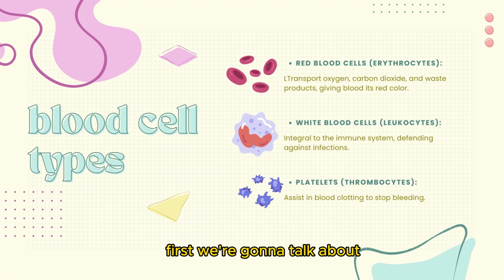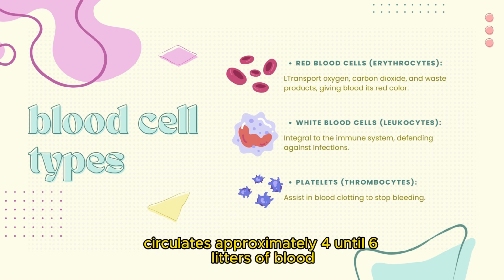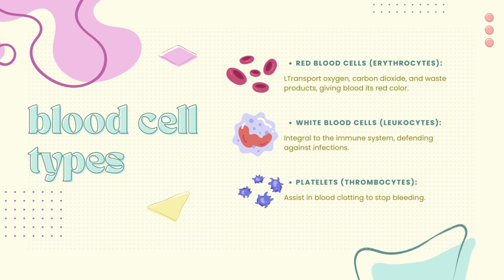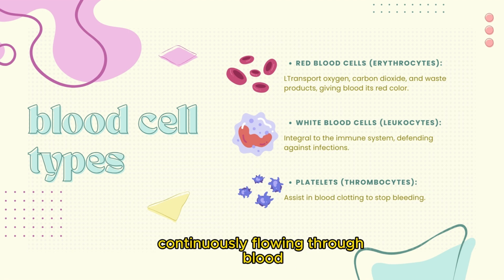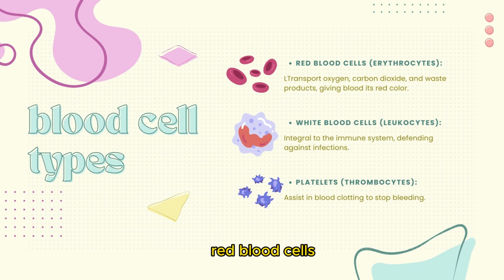First, we're gonna talk about the components of human blood. The human body circulates approximately 4 to 6 liters of blood, continuously flowing through blood vessels to reach every part of the body. Human blood comprises blood cells, red blood cells, white blood cells, and platelets within a fluid known as plasma.